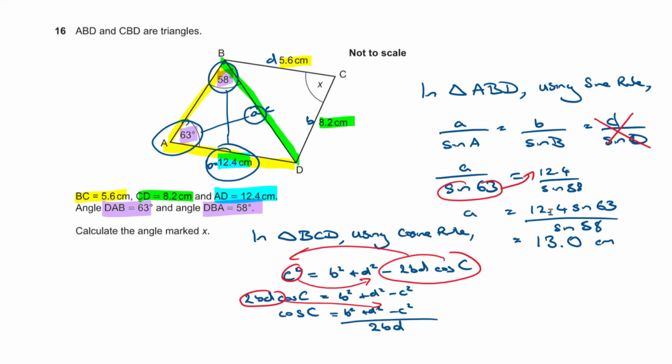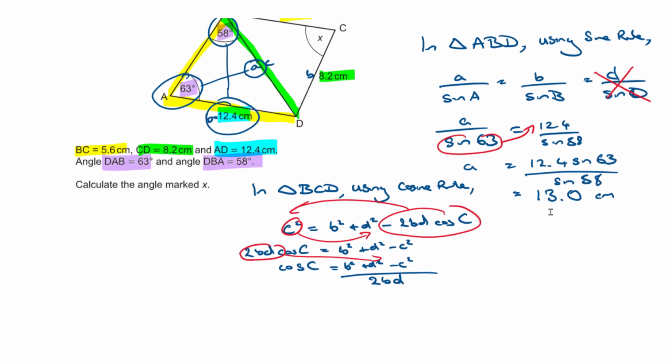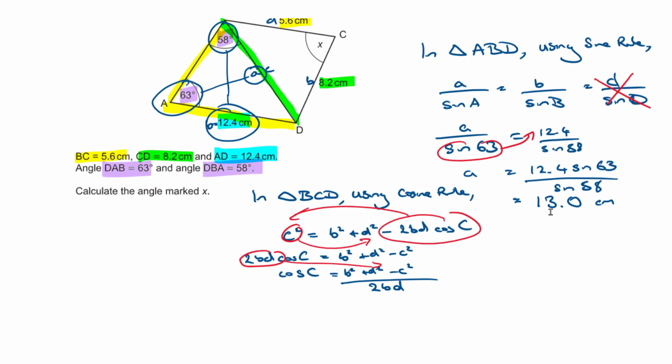Okay. Let's just move this up a little bit, give it a bit more space. Okay, so then putting the numbers in from the diagram, cos C is actually cos x, isn't it?